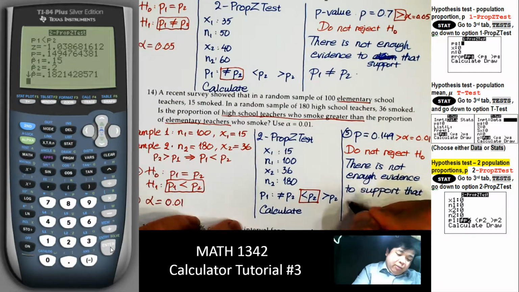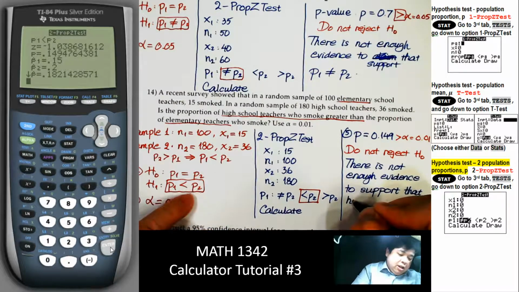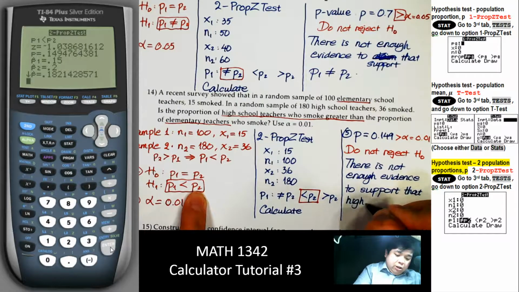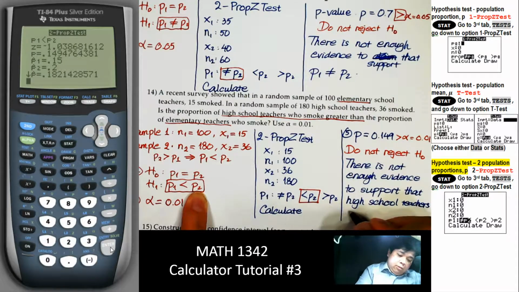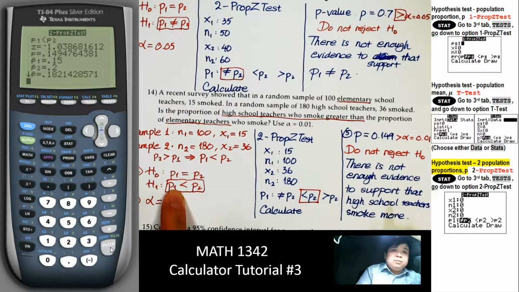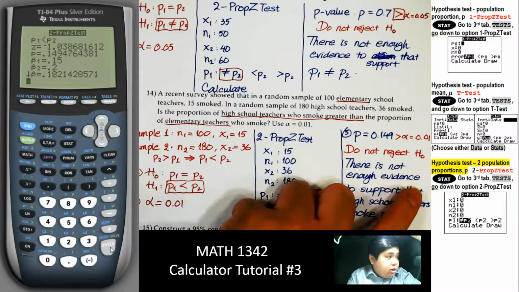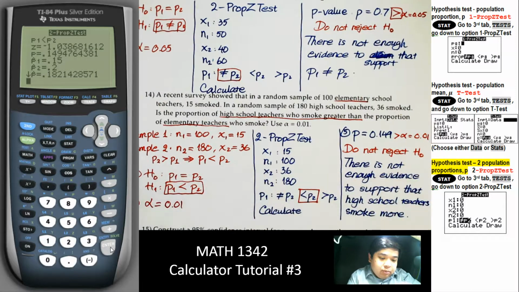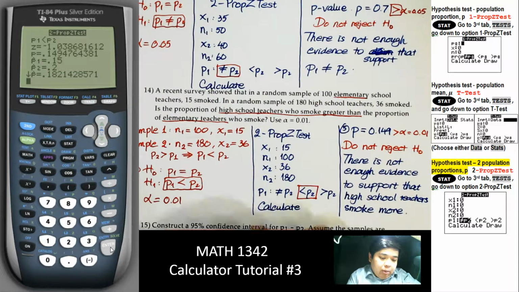Because the p-value is bigger than alpha, we do not reject the null hypothesis.